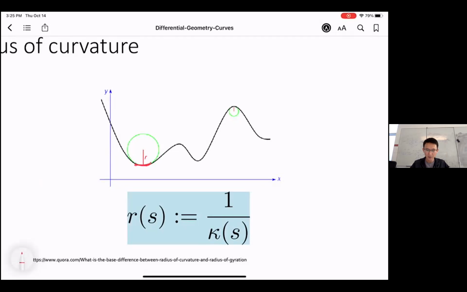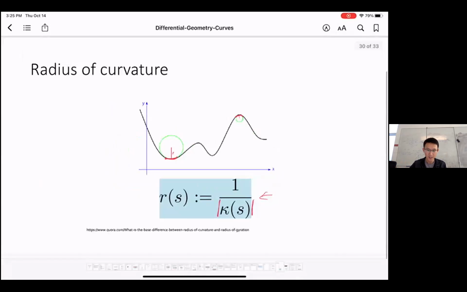The radius of this green circle is actually 1 over the curvature. Of course, in this case, we think of it as the unsigned curvature, basically only the magnitude. If it's curved a lot, then I can only attach a smaller circle. In this case, the radius is smaller, but the curvature is larger. So the radius is called the radius of curvature.